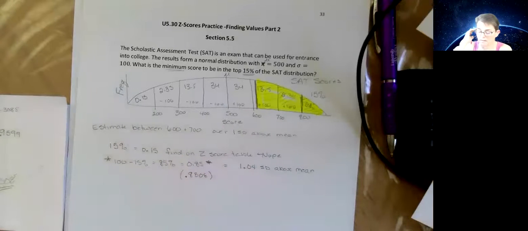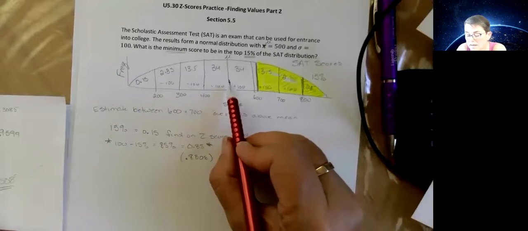I'm just going to throw that there so that if I need it later, it's there. So 1.04 standard deviations above the mean, and that looks pretty good, right?